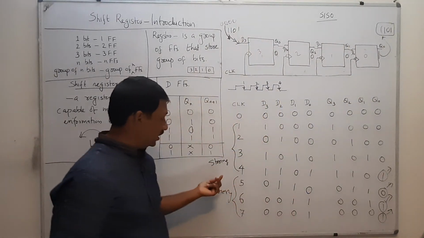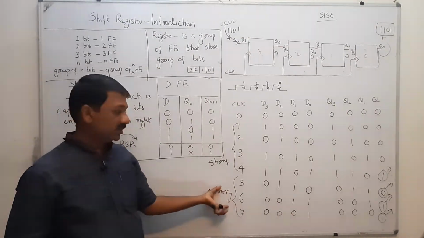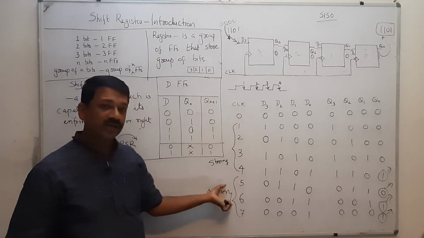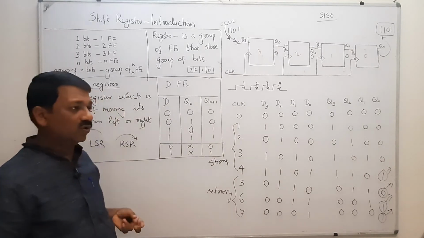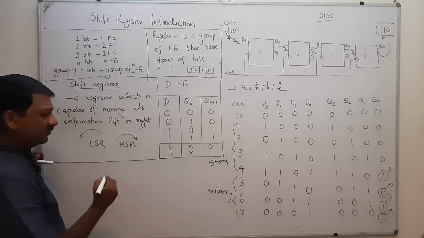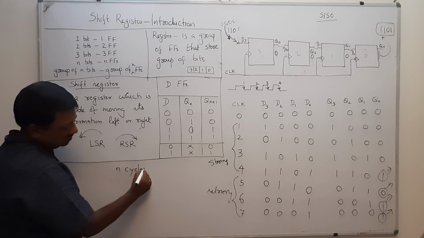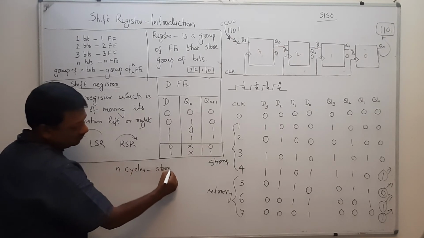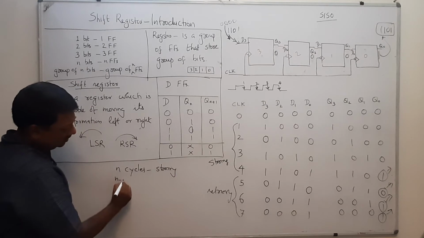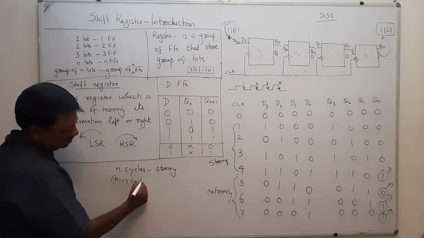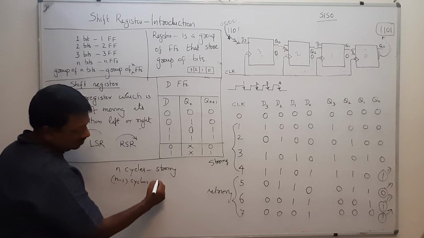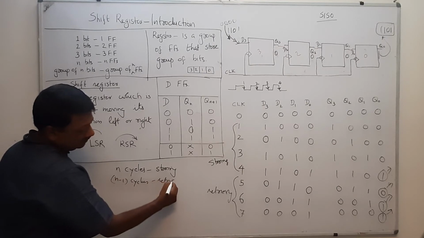So you need only 3 clock cycles for retrieving this information. So if you have an n-bit shift register, you need n cycles for storing and n minus 1 cycles for retrieving.